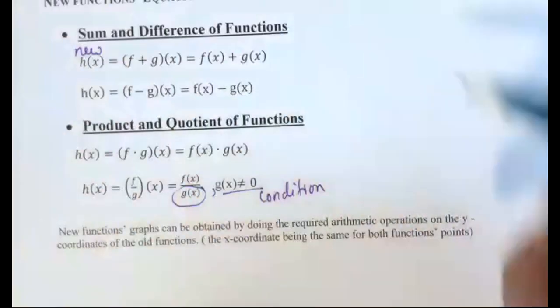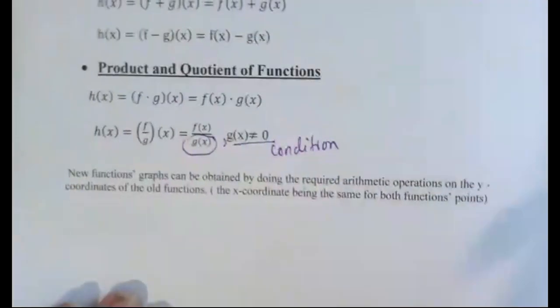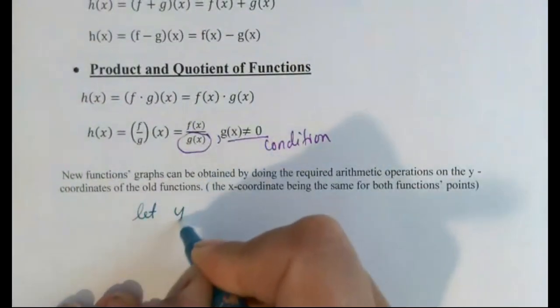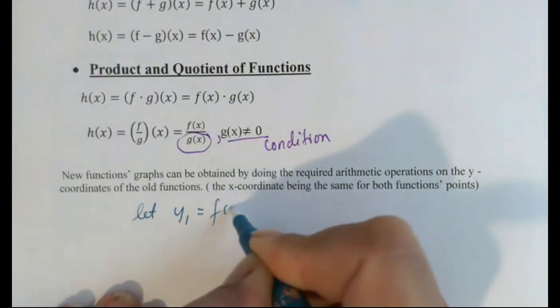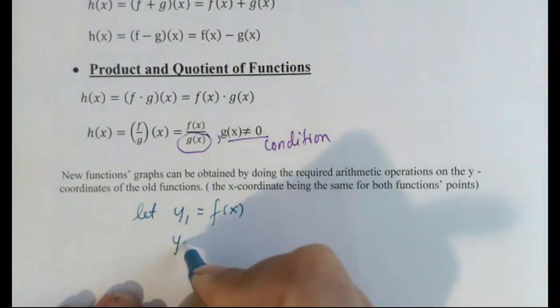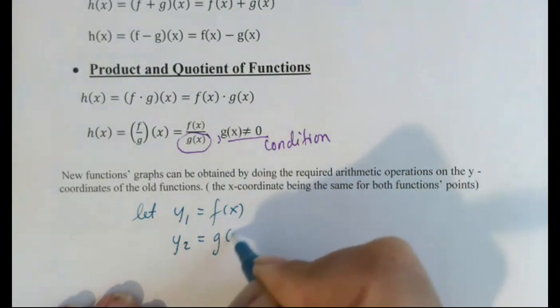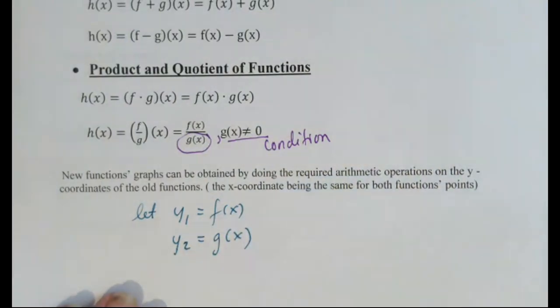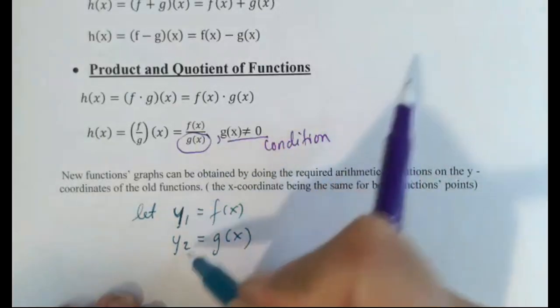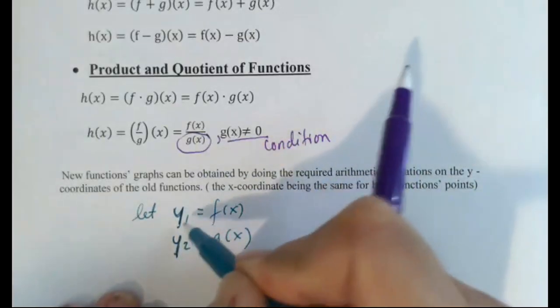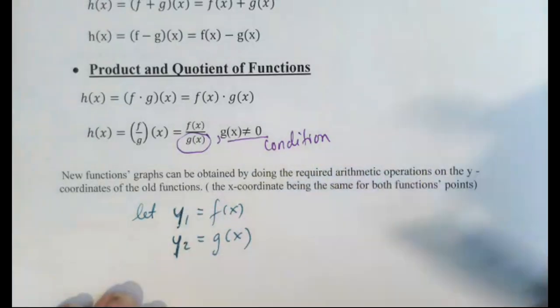So imagine this, let y1 equal f of x, and let y2 be g of x. Remember, we either say f of x or g of x, or we use the y notation.